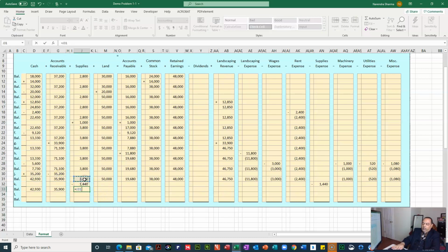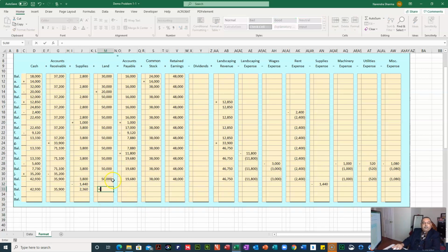Supplies is now going down to 2,360. Remember, sometimes they would give you the 2,600 balance and tell you that's the balance. So if you're given the balance, you're supposed to take the difference between the two amounts and calculate that amount. But in this case, you are directly given the supply expense, so you're good with that.